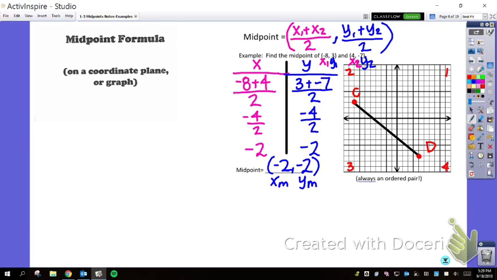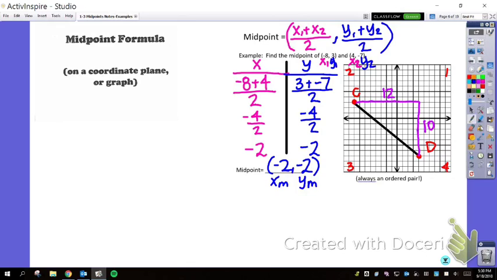So we could also look at this with rise over run or Pythagorean theorem. If we were to draw horizontal lines and vertical lines, we could see that the horizontal distance is 12, the vertical distance is 10, and we could look at the distance and say, what's half of 10?